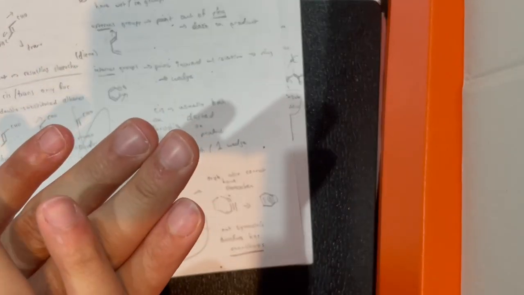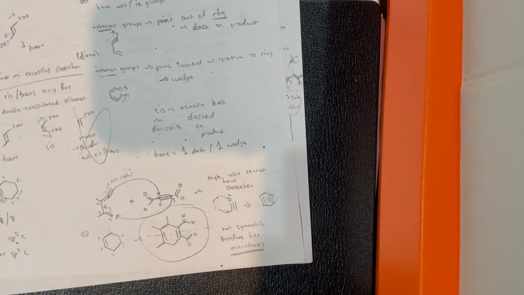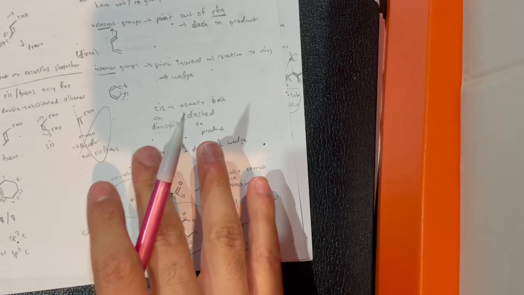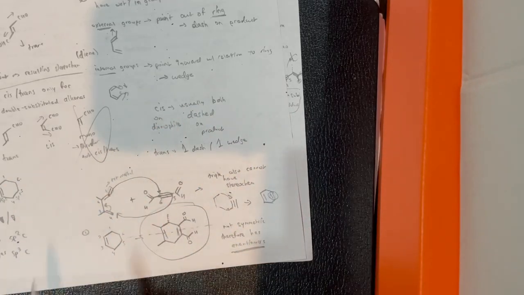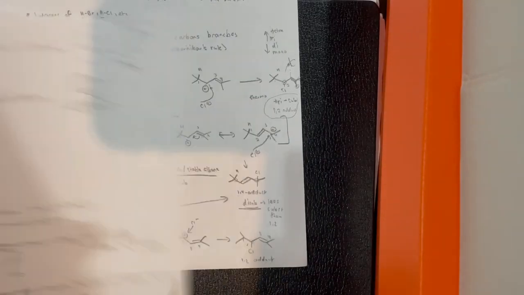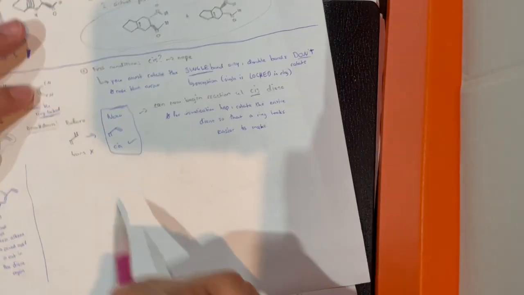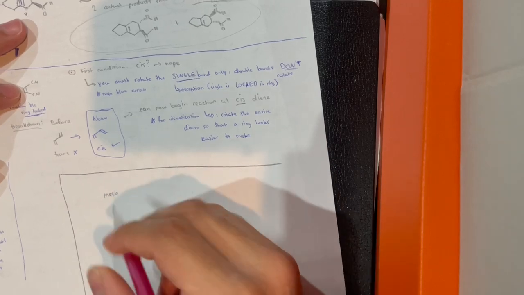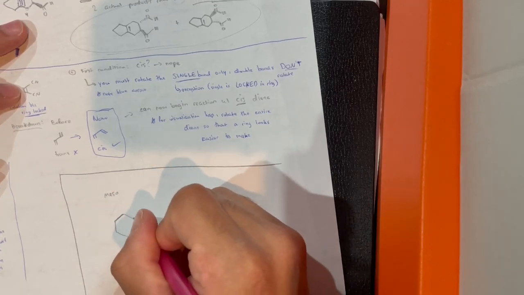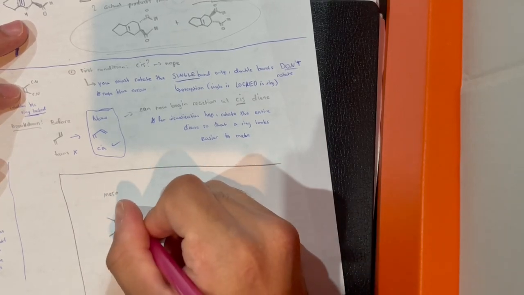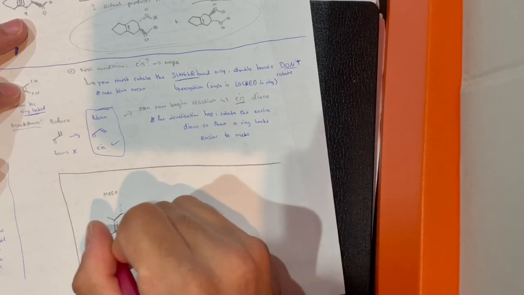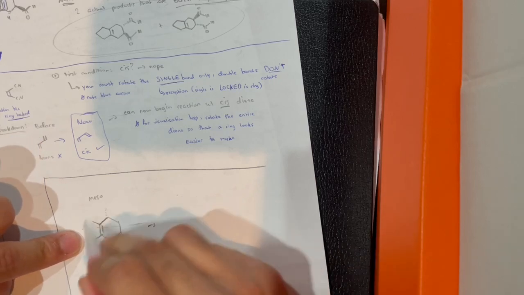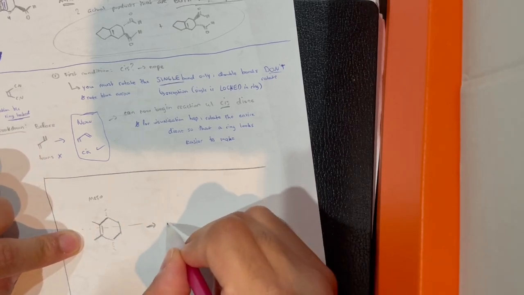If it's meso and symmetric, he will not have enantiomers. An example of a meso compound would be like this. This would be a meso compound. Boom, completely symmetric. Therefore, this is the only final product.